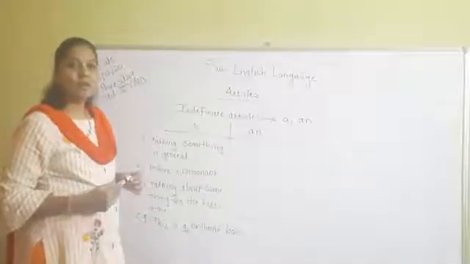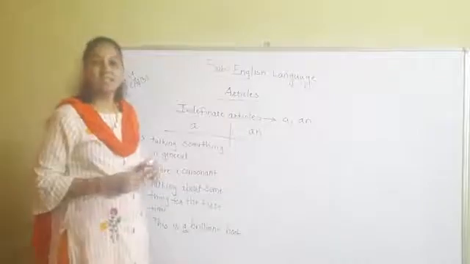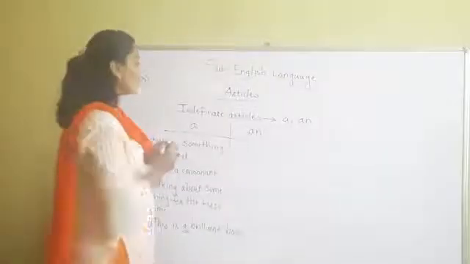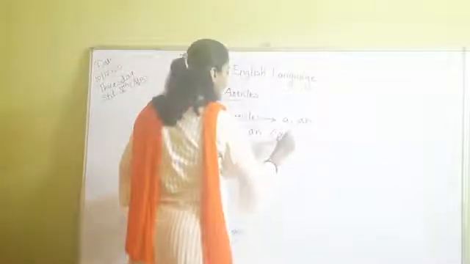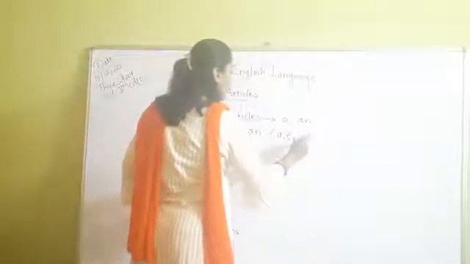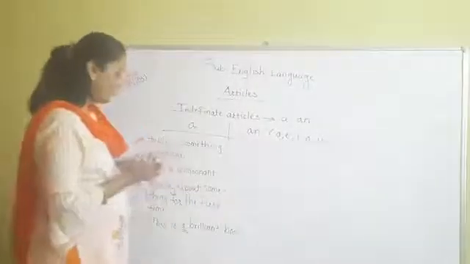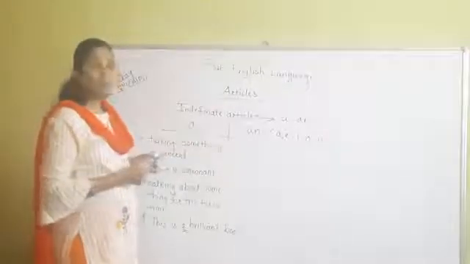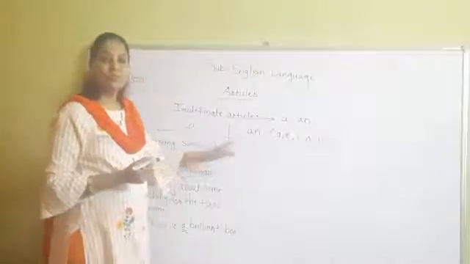So now students, as I have told you, in the English language there are 5 vowels. Now which are those vowels? I am writing here: A, E, I, O, U. So when the spelling begins with these vowel sounds, we are using an before those words.